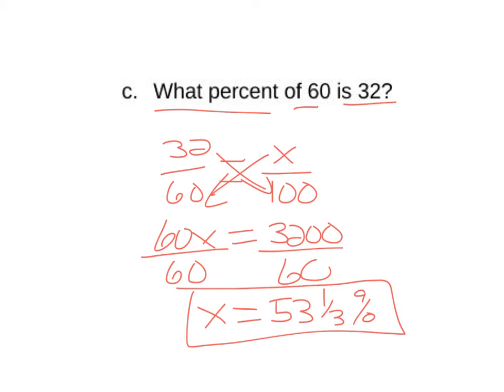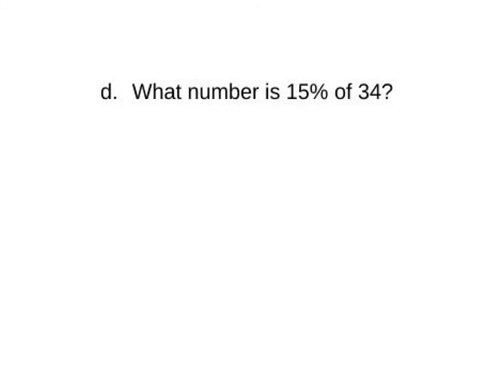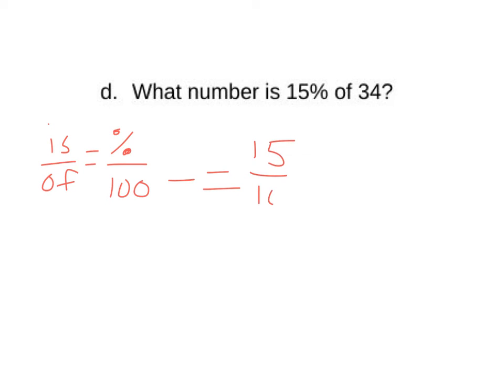So let's take a look at one more example, which is what number is 15% of 34? So again, if we're kind of looking at our is over of equaling our percent over 100, what we're looking at here is what number is 15% of 34. So 15 is always over 100 of 34, and the what number is going to tell us we're looking for the part of the whole.